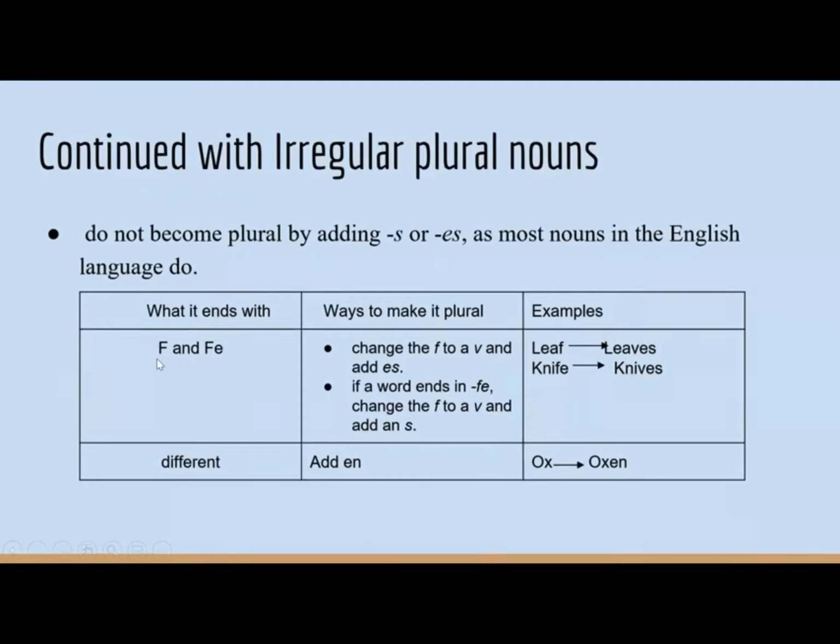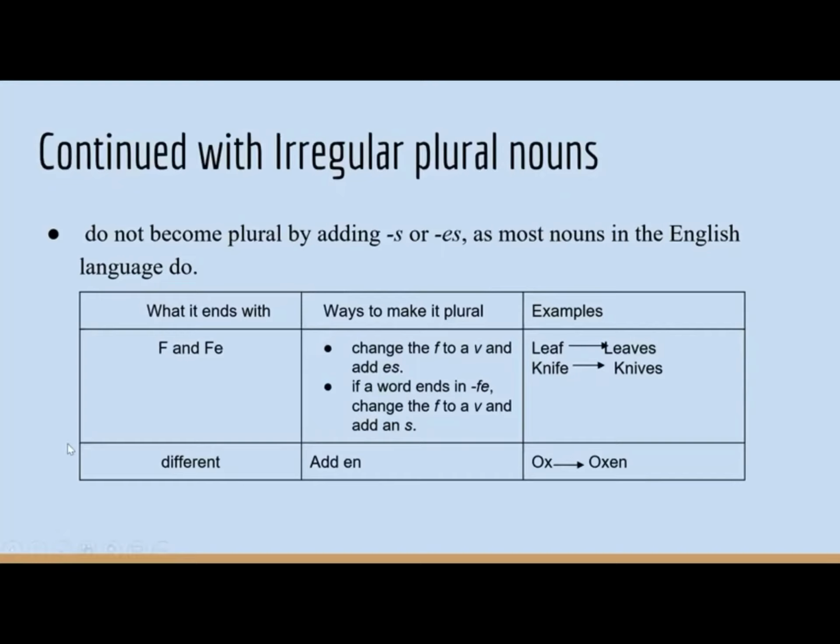If a word ends in F, you change the F to a V and add ES. If a word ends in FE, change the F to a V and add an S. For example, in leaf, to make it plural, you would change the F to a V to make it leaves. In knife, change the F to a V, so knives.